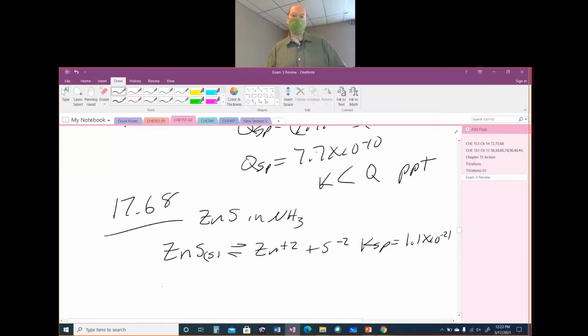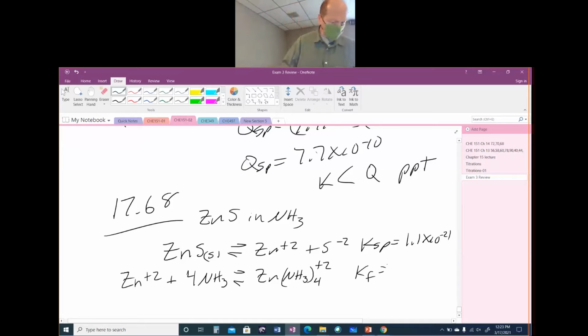Then you have to look at a zinc with NH3, and you find that a zinc plus 2 plus your 4 NH3 will do a KF for your Zn(NH3)4 plus 2, and that has a KF value of 2.9 times 10 to the 9th.